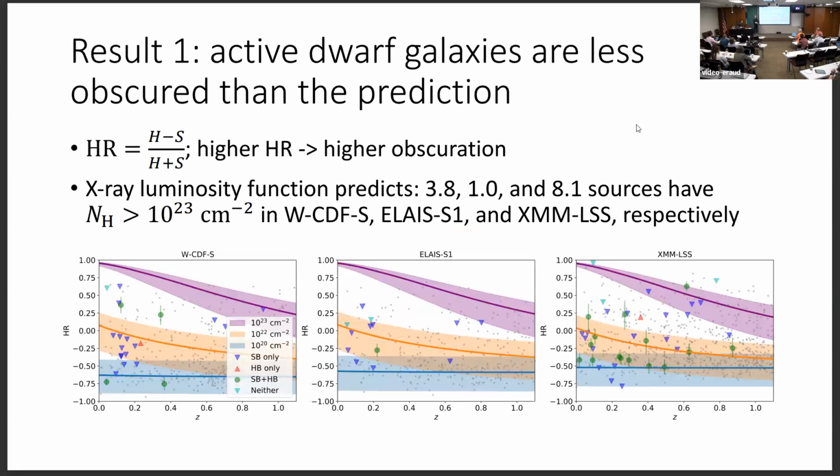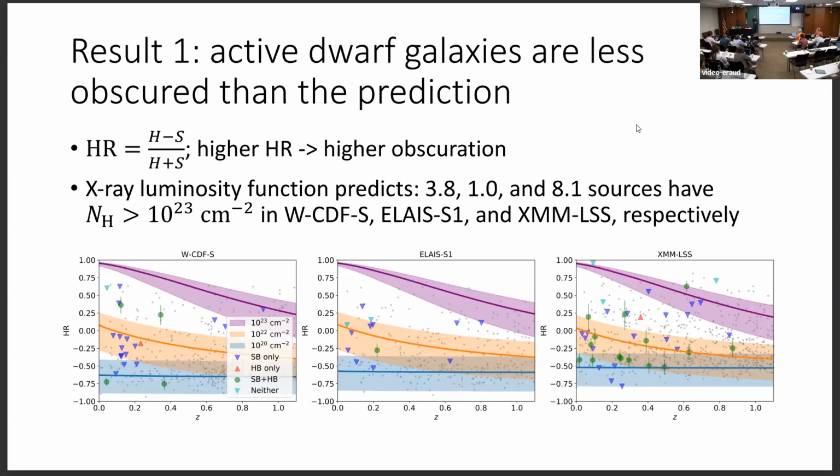First we check the X-ray property. We check the hardness ratio, which is defined as the hard band minus soft band over hard band plus soft band count rate in the X-ray. So higher hardness ratio just means higher obscuration.